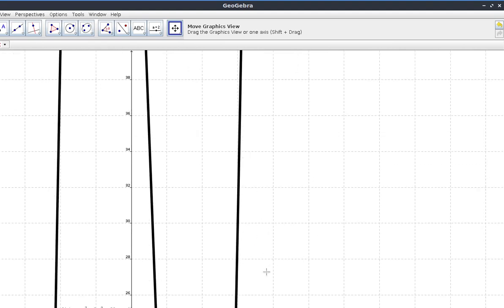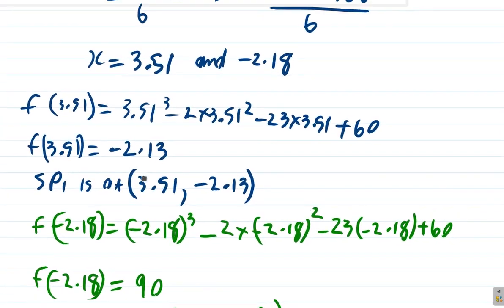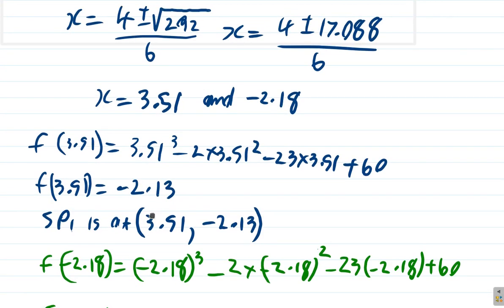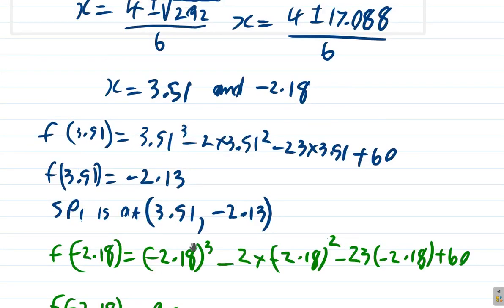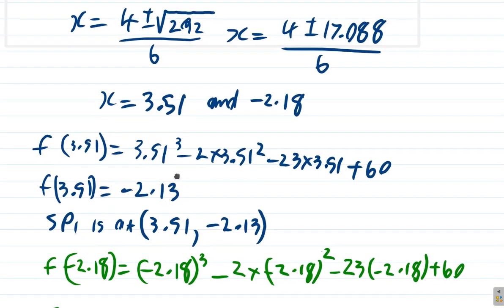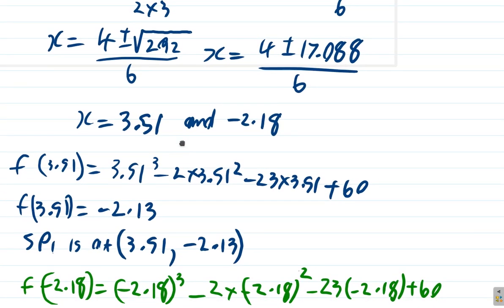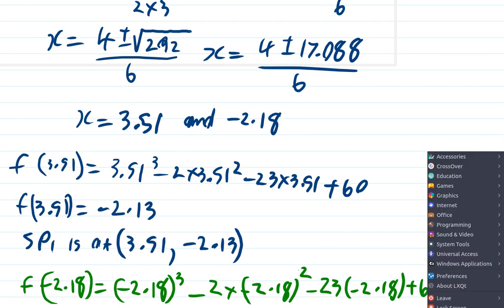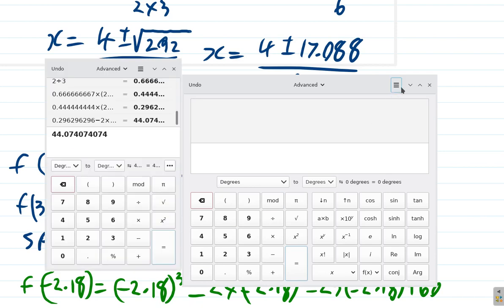Let's see now. 3.5, negative 3.5. What am I saying? It was located at, when we did this part, 3.5 squared. Oh, let's redo this part here. Where's the calculator? I wonder if I made a mistake here.